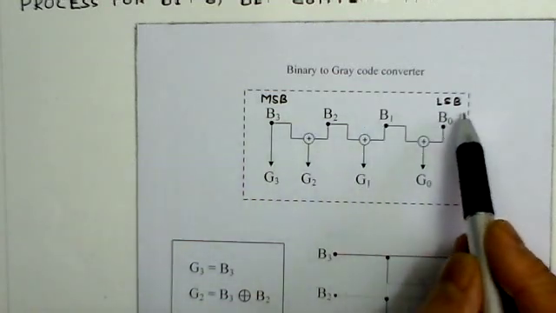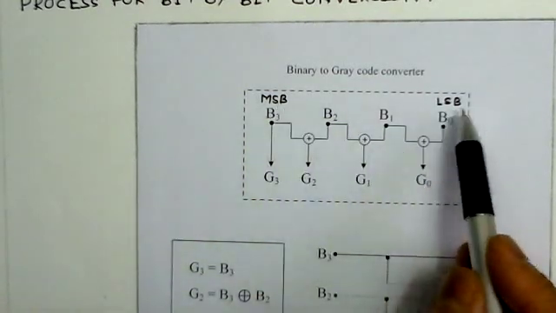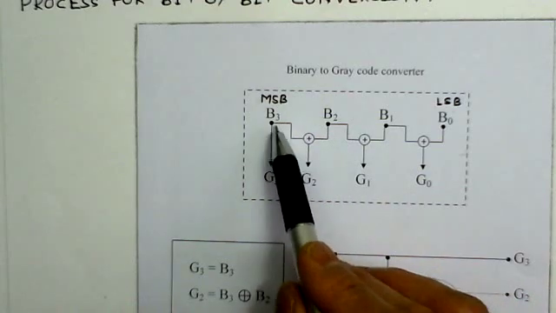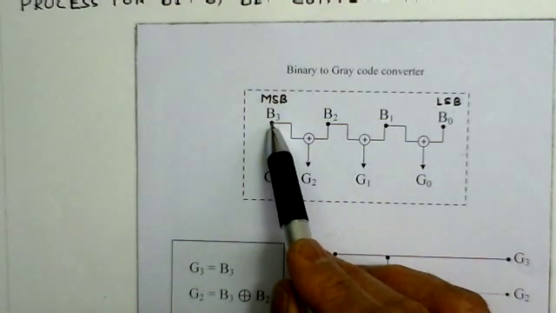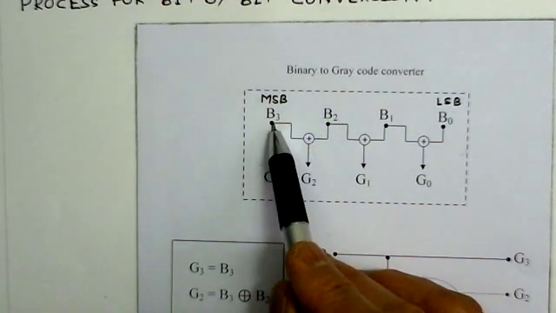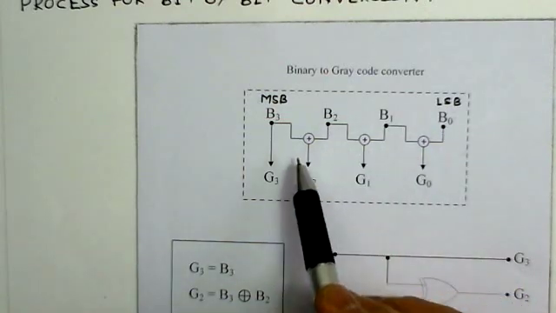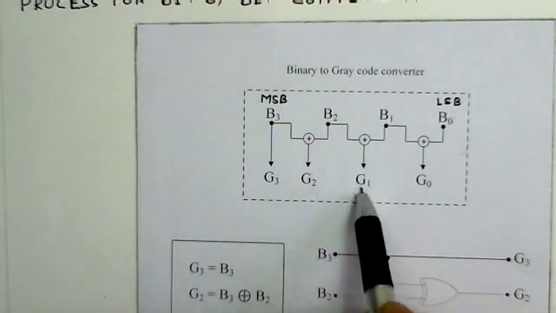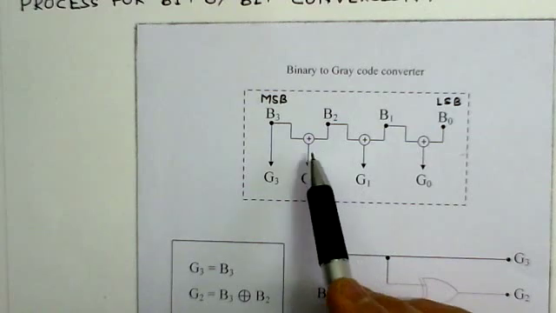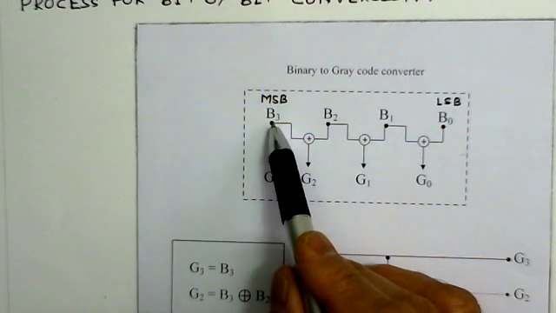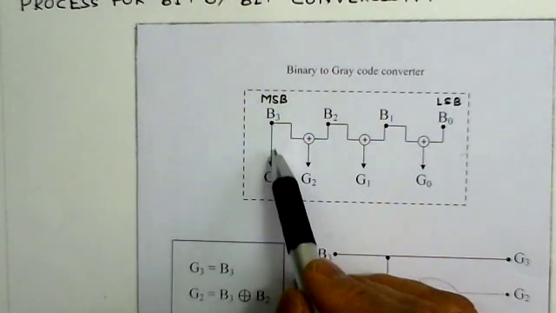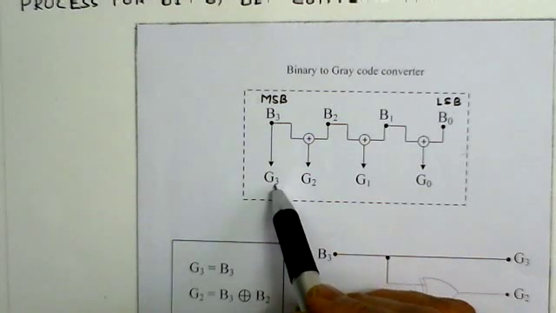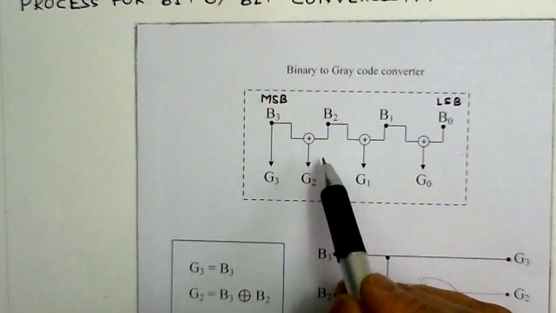Here, on the input side, this is MSB and this is LSB. Here you can notice this is binary, that's why we have said B3, B2, B1, B0, they are binary. G3, G2, G1, G0 are the gray codes. We take B3, the MSB, and directly transmit it to the output as G3. That means the MSB is taken as such.